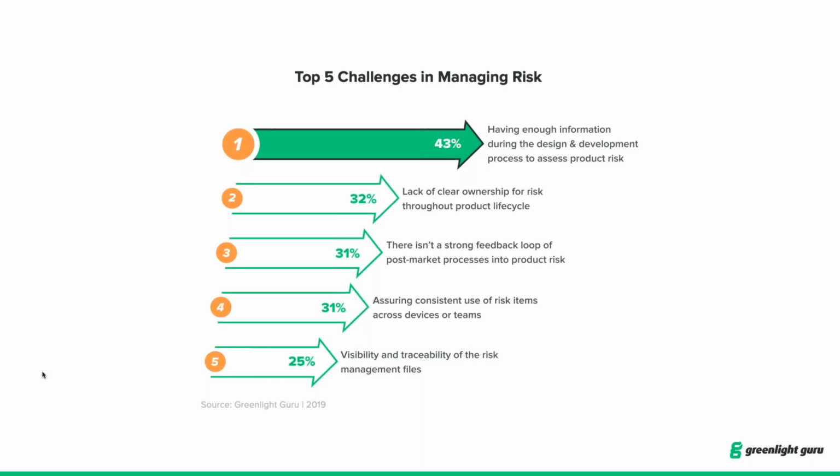The other challenge that we heard from you all that participated in this survey that we did is the feedback loop. So once you launch your product and then you're in the market and you start getting feedback from the manufacturing of your product or from customers, et cetera, that doesn't always feed back into that risk management process very well.